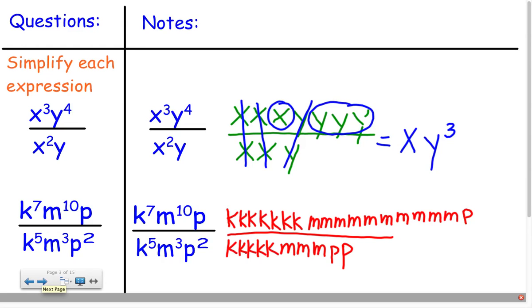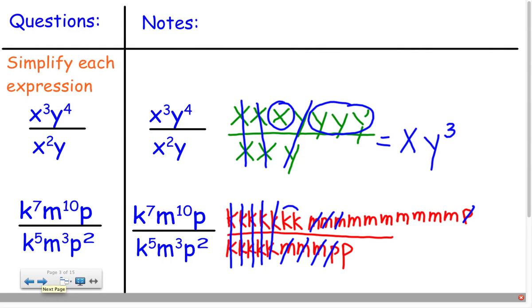And then I do my canceling. K, K, K, K, and K. Now I have to stop because there's no more k's on the bottom. I can go to the m's. M, M, M. Now I have to stop because there's no more m's on the bottom, and then p and p. So this is what I'm left with.